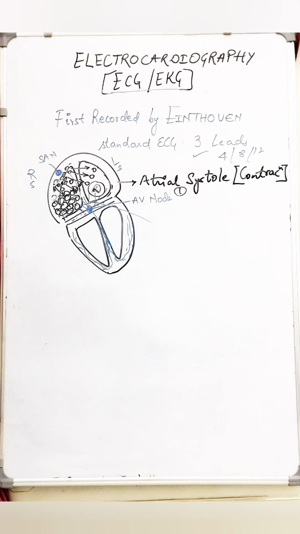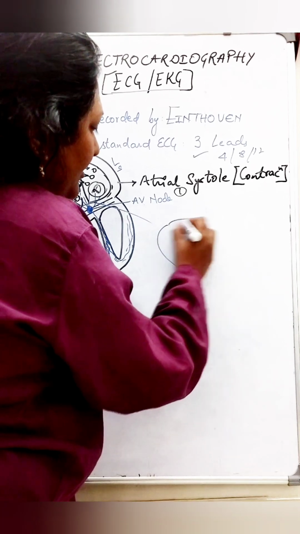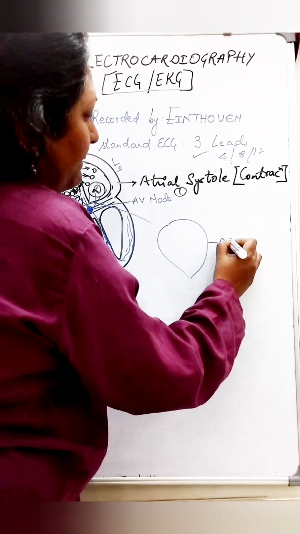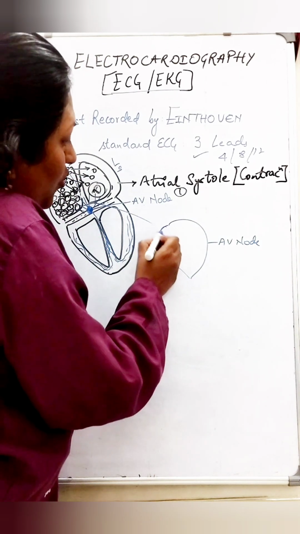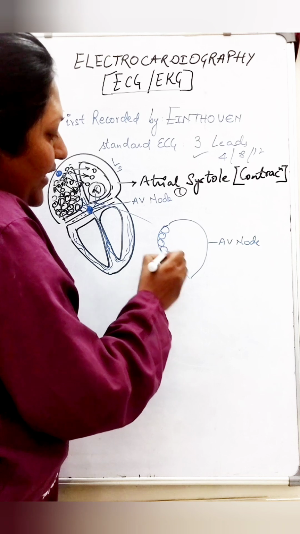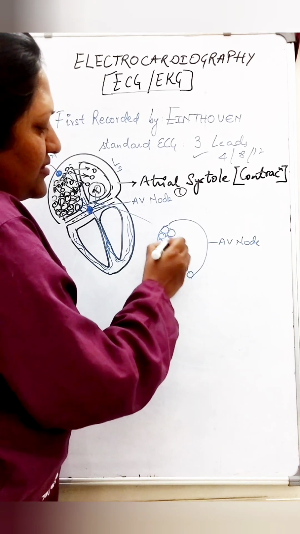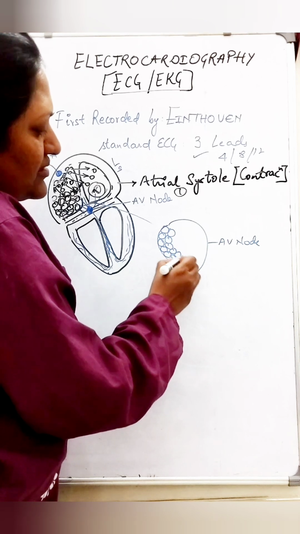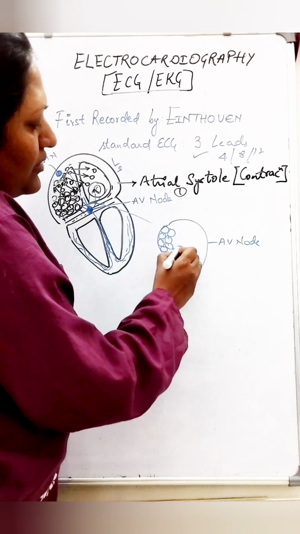So the maximum signals will be collected by the AV node. Now the AV node is also made up of myocardial cells, tightly packed cells. So when these cells are so tightly packed, what is going to happen?